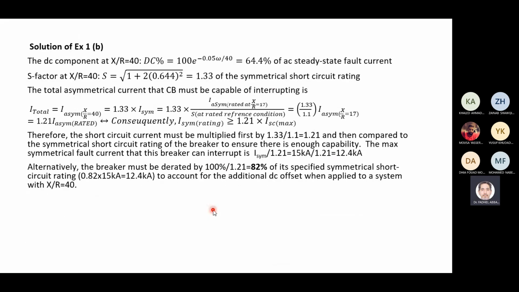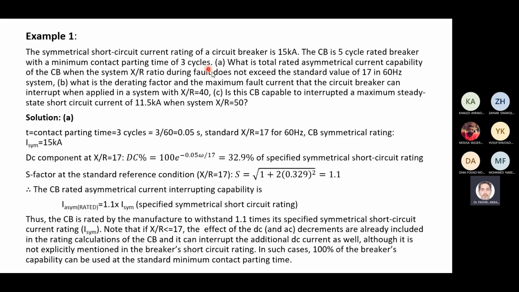Now, second part. I have to evaluate the DC component at a different X/R ratio. In part B, what will be the rating when I use this circuit breaker for a system that has an X/R ratio higher than the standard value? Its X/R ratio now is 40.